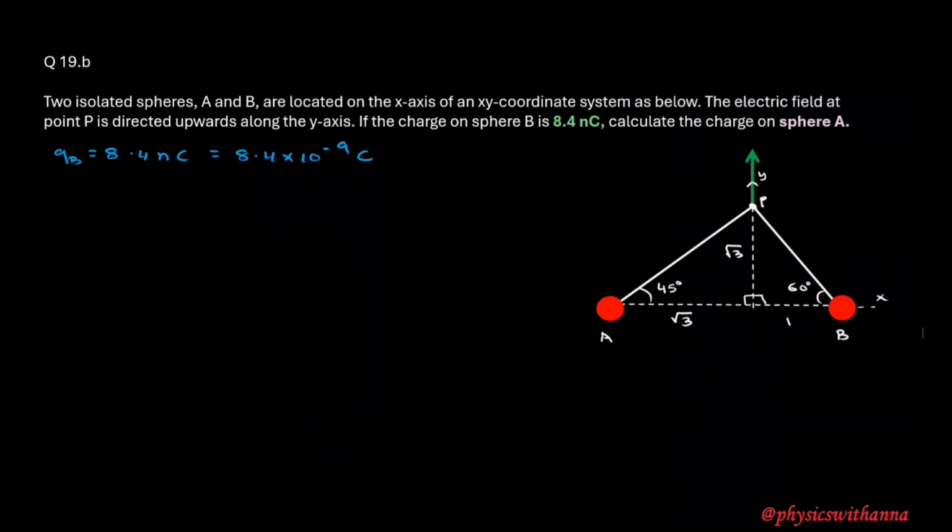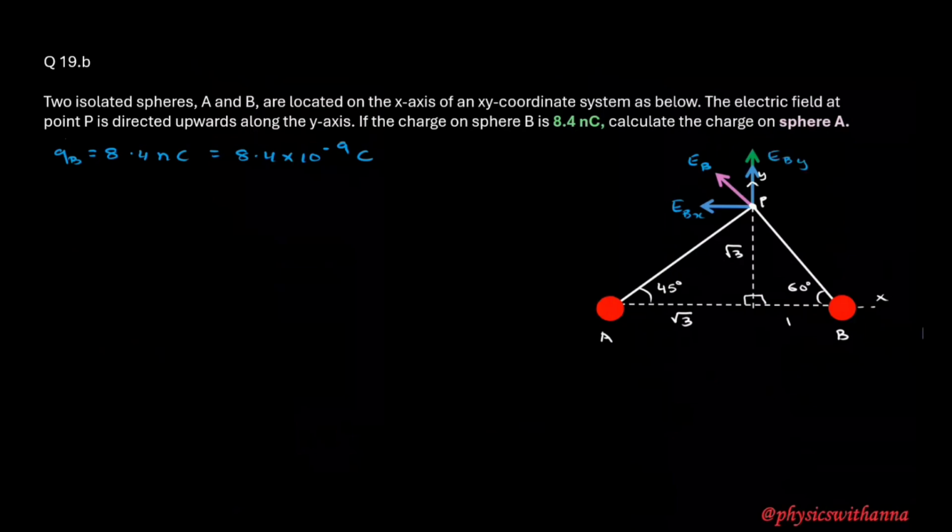Now again, charge on sphere B is positive because there is no negative sign mentioned there. So electric field at point P because of sphere B will be directed away from B. Then when you split this into component, you have x component and y component. So this is E due to sphere B. This is EBX and EBY.